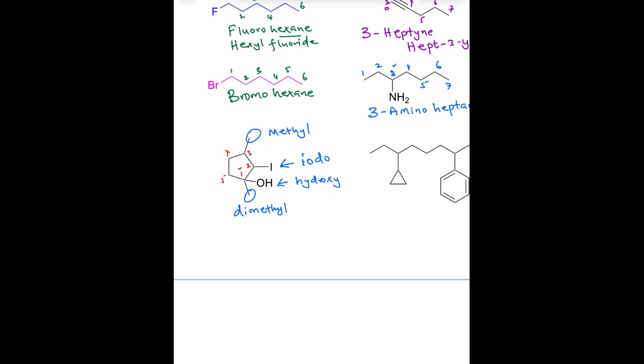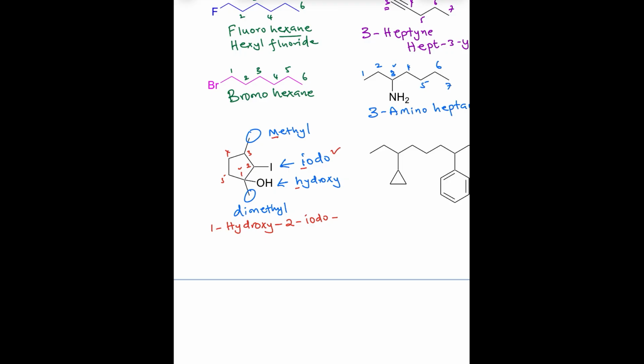Next, we will need to arrange the side groups in such a way that they are alphabetical. So we see that H comes before I, which comes before M. So in that case, we're going to start with the hydroxy, and it's at position number 1. So 1-hydroxy. Next, iodo. So dash 2, it's at position number 2, iodo, dash.